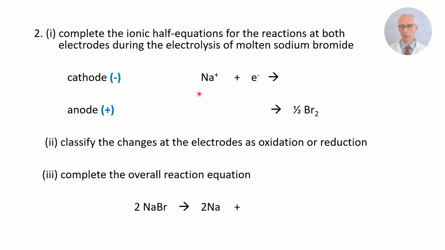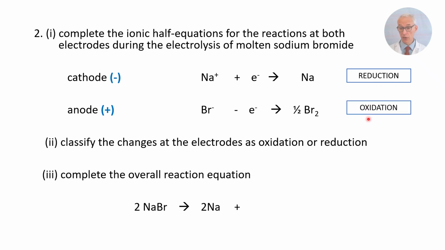Okay, so sodium ions gain electrons to form sodium atoms. We've got half a bromine molecule, so we only need one bromide ion, which loses one electron to form half a bromine molecule. Now, the classification: sodium is gaining electrons, that's reduction.